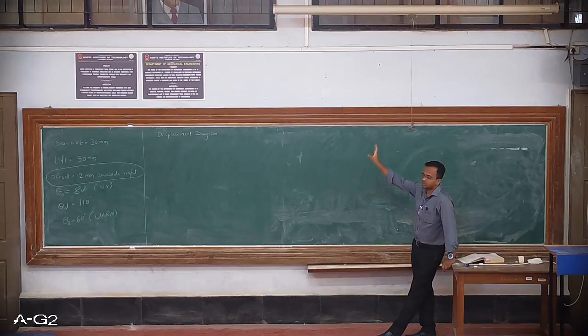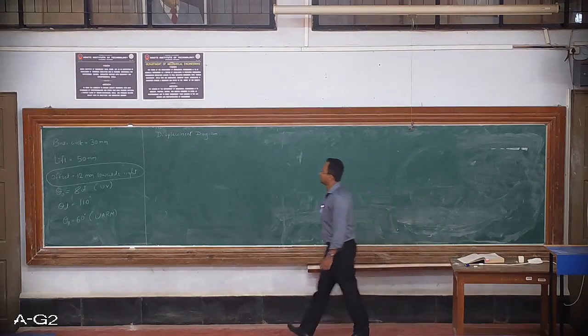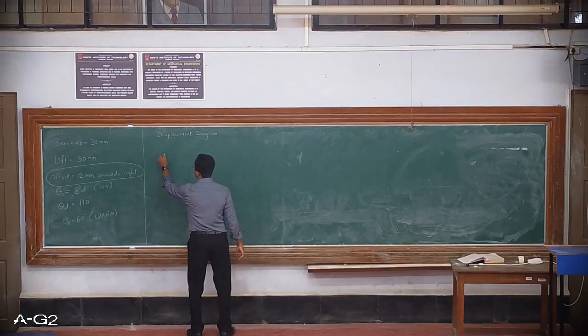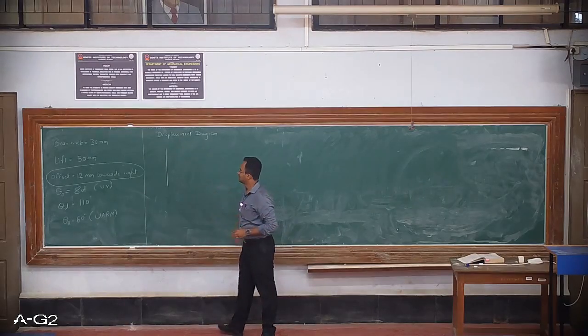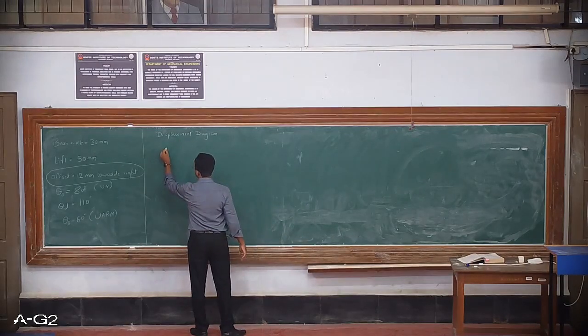Okay, so on one side of the page you draw complete displacement diagram, and on the fresh page you can start drawing the cam profile. So I'll start drawing the rectangle over here, whose height will be equal to 50 mm.